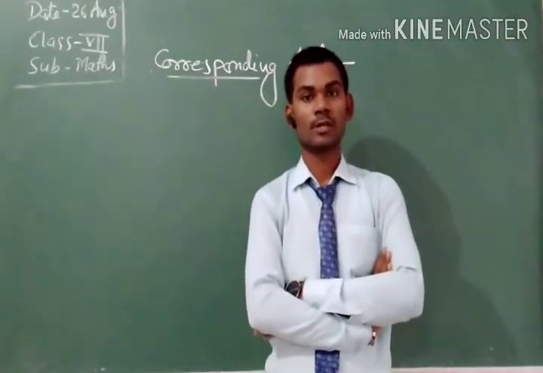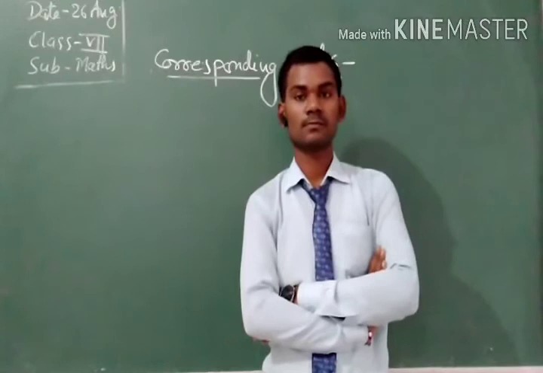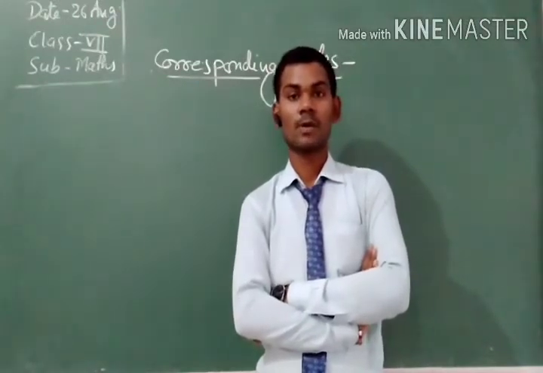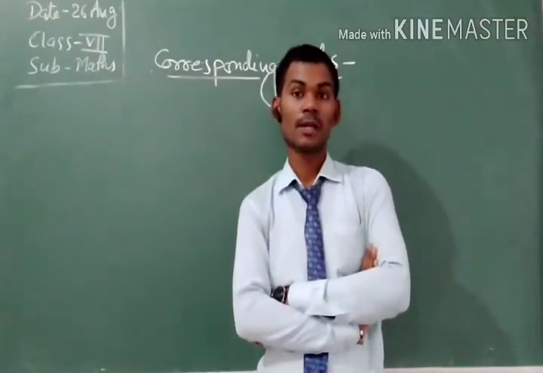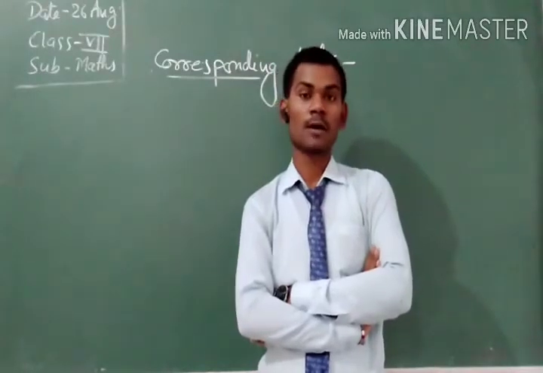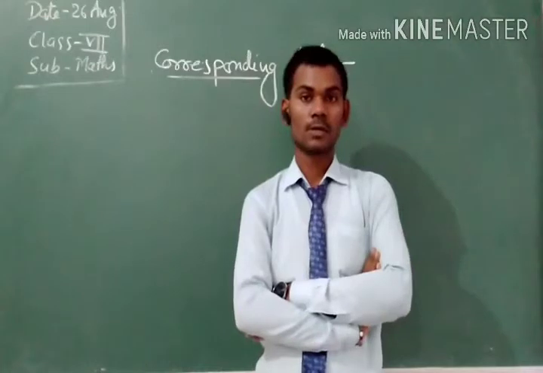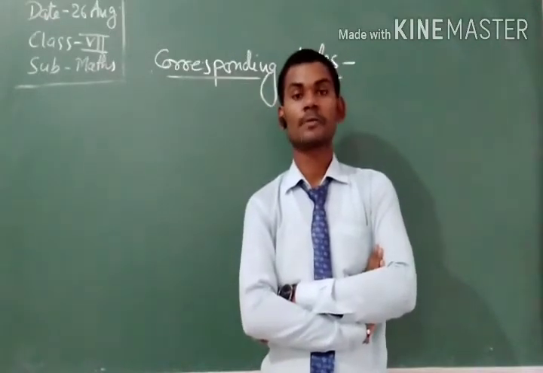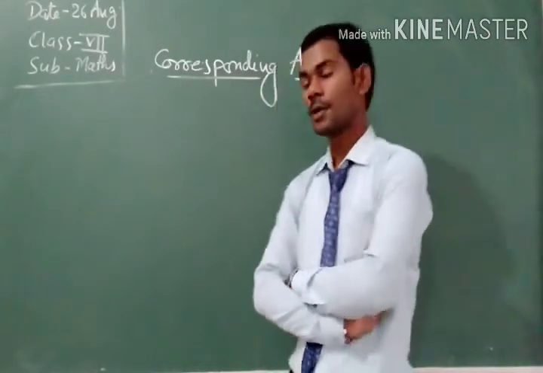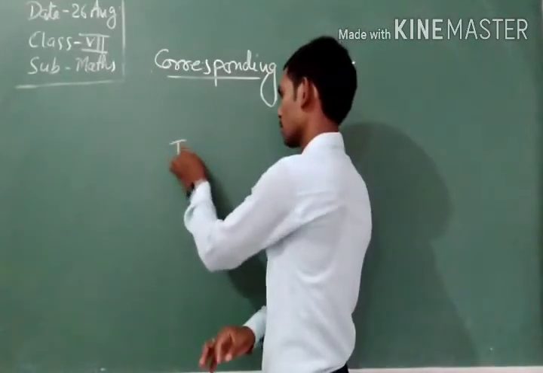In the corresponding angle, we say that one arm is formed by the transversal and the second arm of the angle is on the same side of the transversal. So in every definition the term transversal is included.